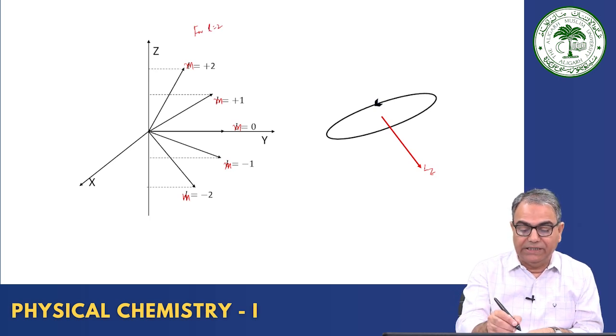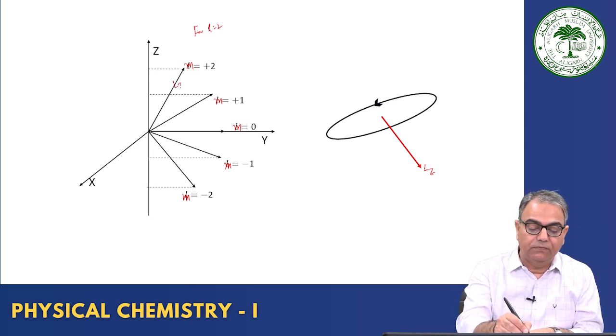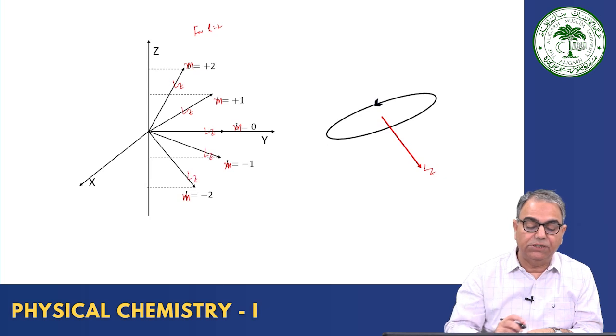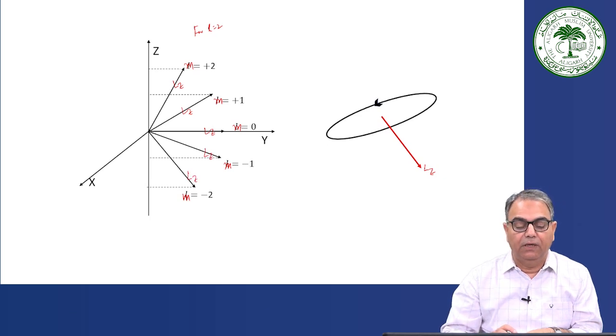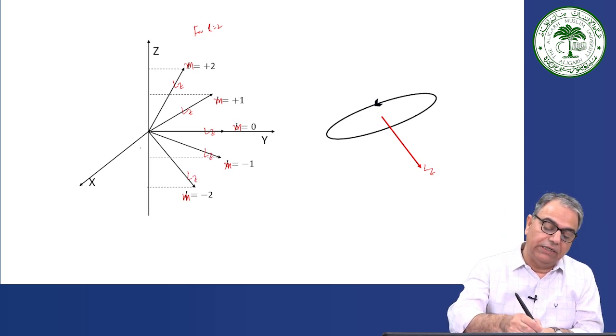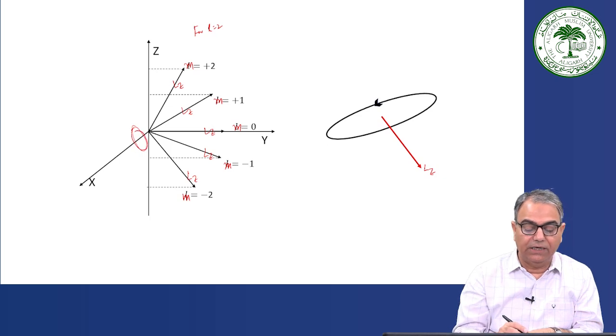So the Lz orientation will be these different orientations, which are possible. And again, if the rotation is like this one, then from the center you can draw something like this one.